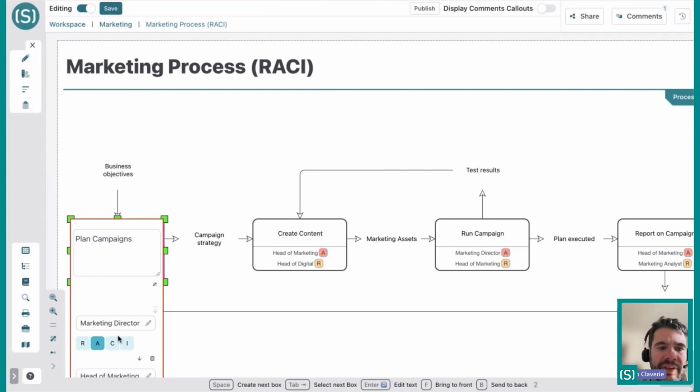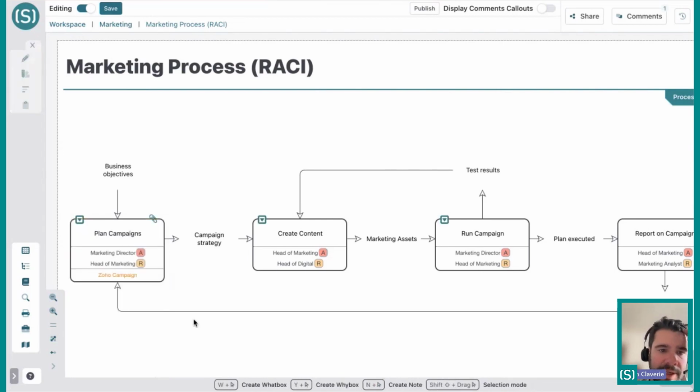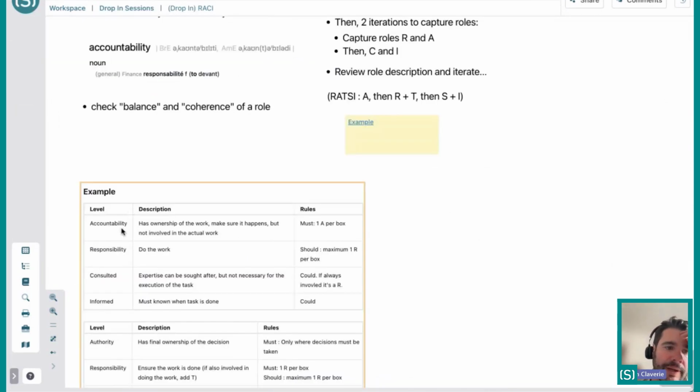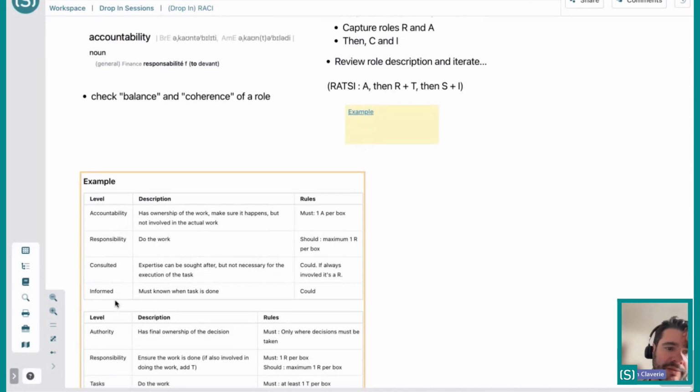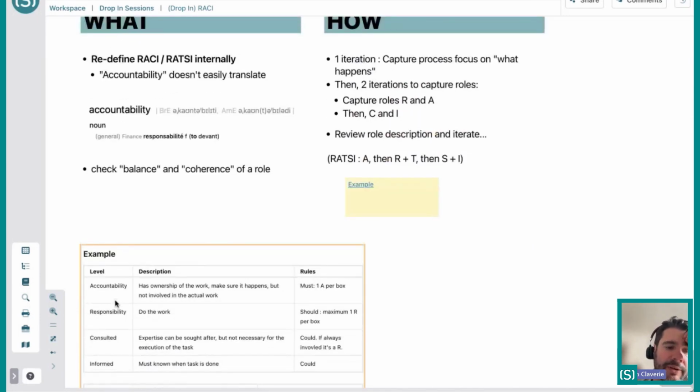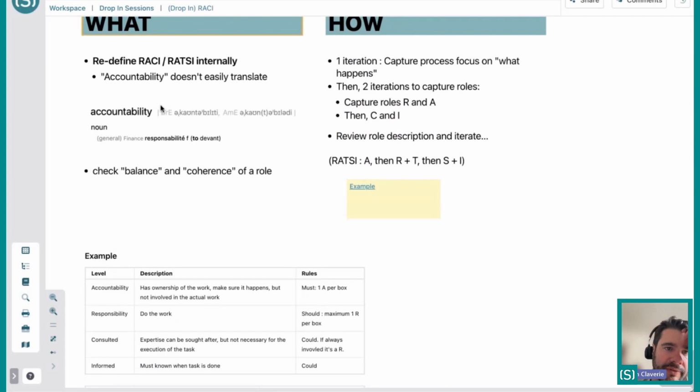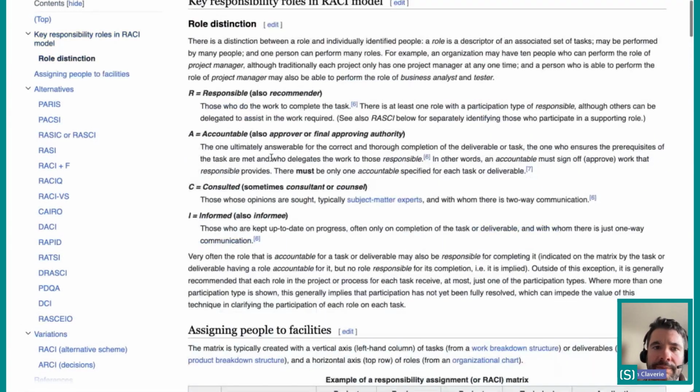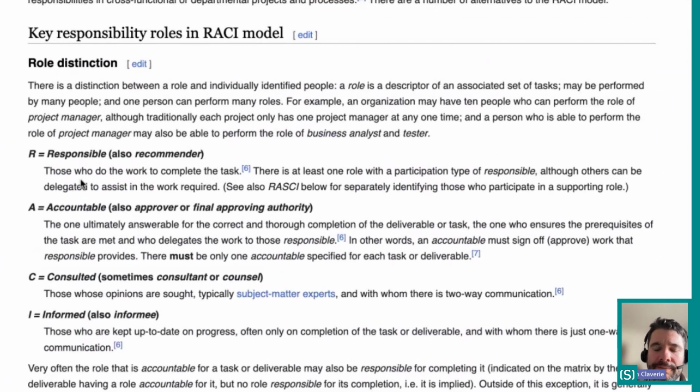RACI stands for accountable, responsible, consulted, and informed. What I recommend, before you engage in an exercise where you will use RACI, is to redefine exactly what it means for your organization. You can take the definition from Wikipedia, there's nothing wrong with it.